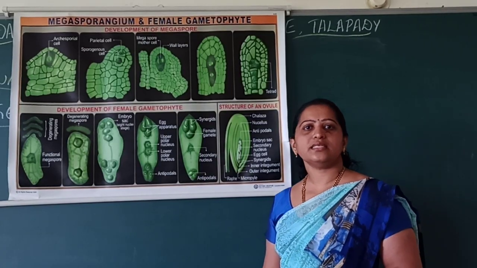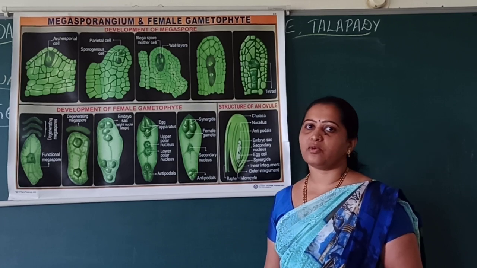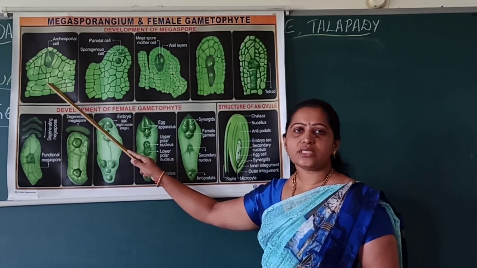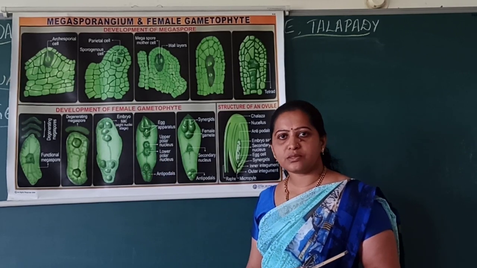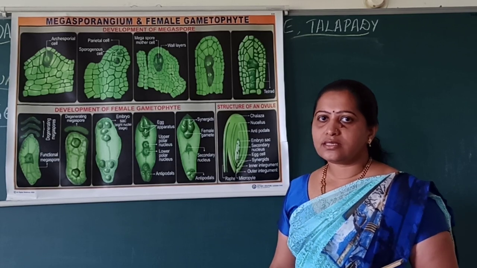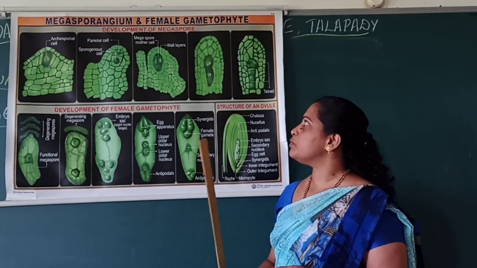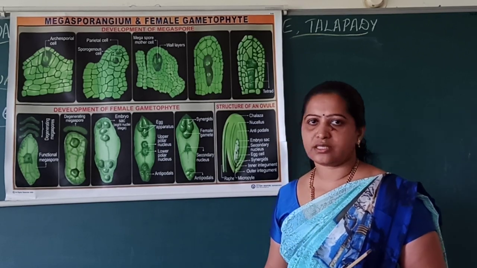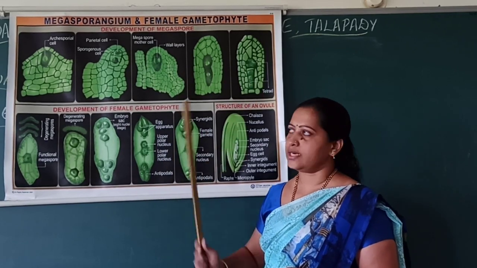Now let us discuss megasporogenesis with the help of a chart. Megasporogenesis is the process of formation of megaspores from the megaspore mother cell. We'll study how this megaspore mother cell is formed and how megasporogenesis takes place with the help of the chart.